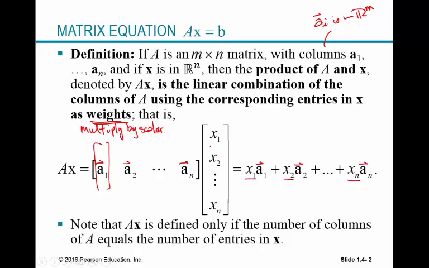Okay? So AX is defined only if the number of columns of A equals the number of entries in X. So you have to match the number of entries in X with the number of vectors that you have.